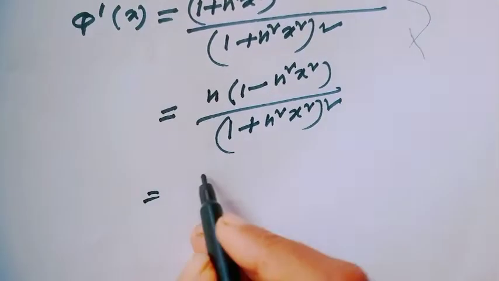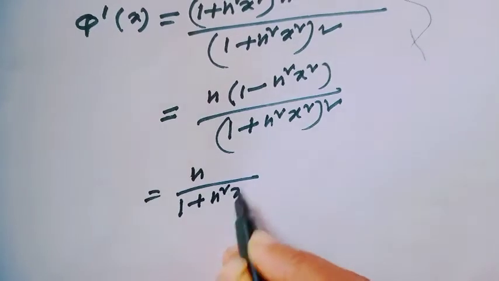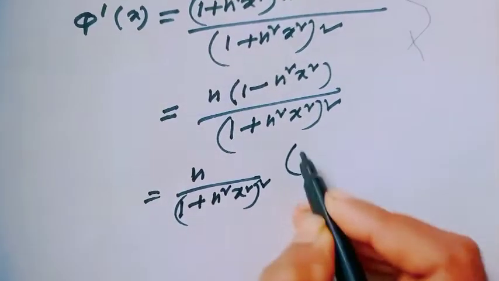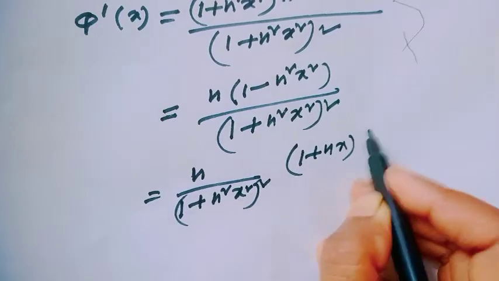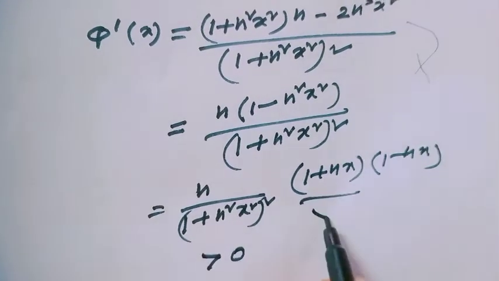This value is equal to n over (1 plus n square x square) whole square times (1 plus nx) times (1 minus nx). This part is always greater than 0. This is also greater than 0.